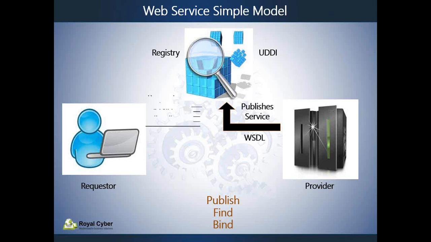The other terms used for find are discover or lookup. So basically they talk to the UDDI server or the registry and invoke their internal methods using the WSDL definition structure. Once the service is found, requester and provider are bound together, and they communicate with each other using the SOAP protocol.